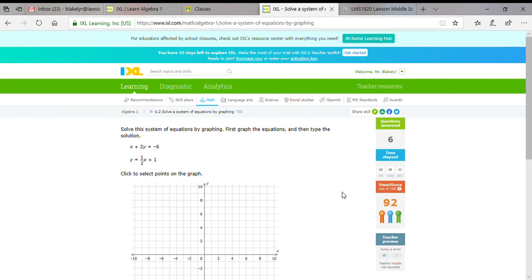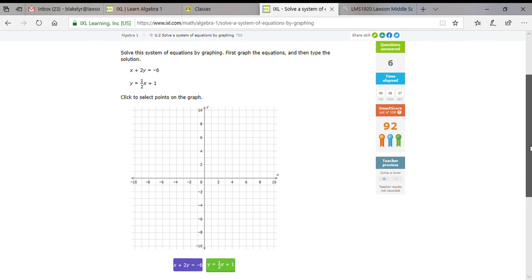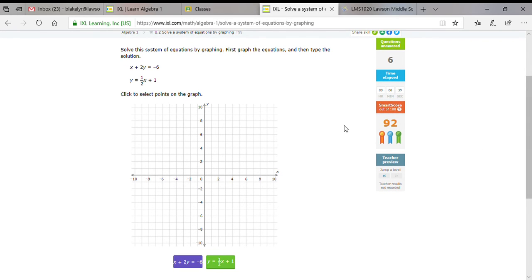And got it right. Let's see what happens if I miss one. Not that I've been showing off, but I'm trying to show you everything you might run into. I'm going to graph line 2 first because it's slope-intercept. So there's 1, and then a 1 to 2 slope would look like that. And then equation 1, the purple line, with a quick table would be an x-intercept of -6 and a y-intercept of -3.